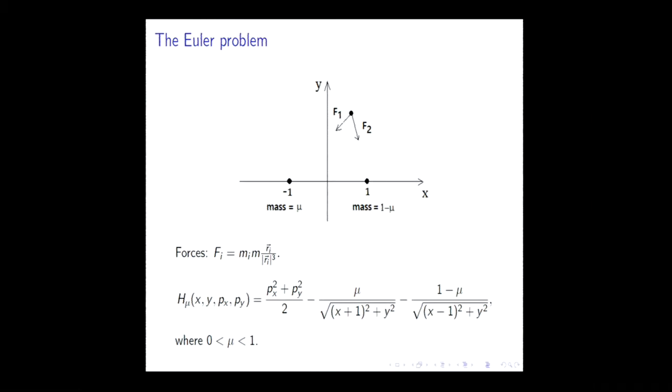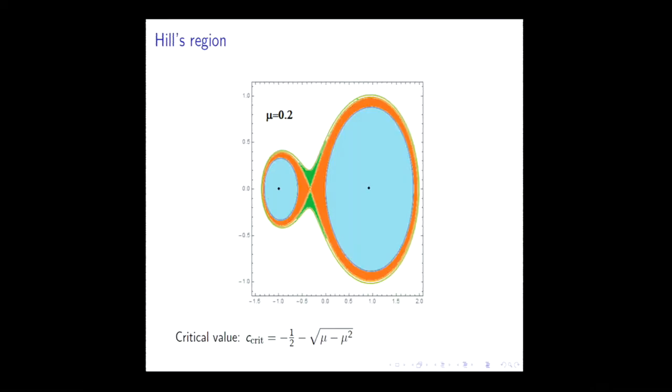It is a Hamiltonian system, and it has this form. So it's kinetic plus potential. Very simple form, kinetic plus potential. So let us look at the energy levels of this system. So in blue here we see the projection of an energy level with very low energy. So it has two components here.